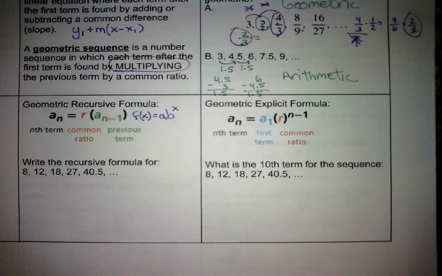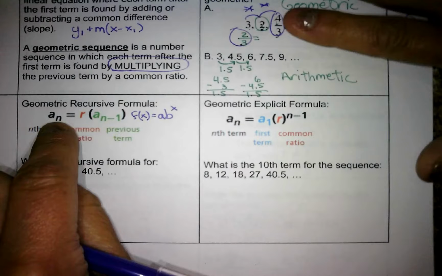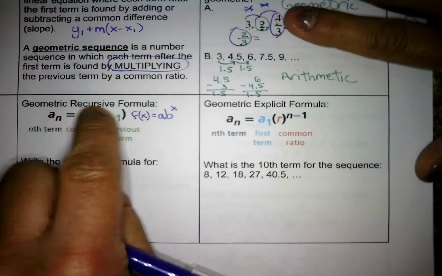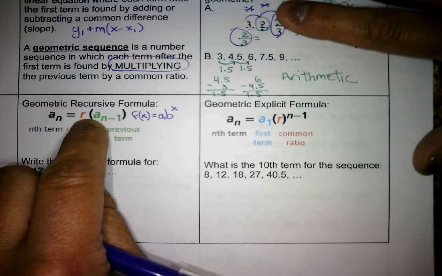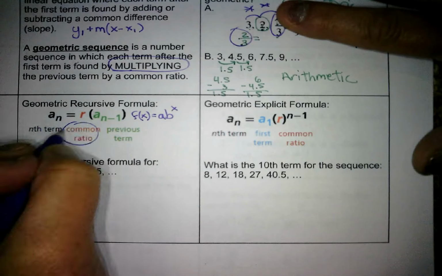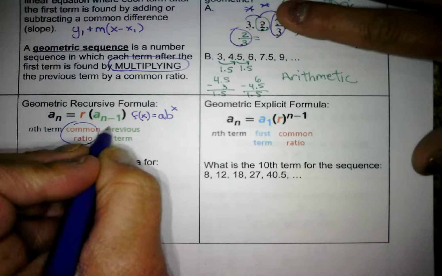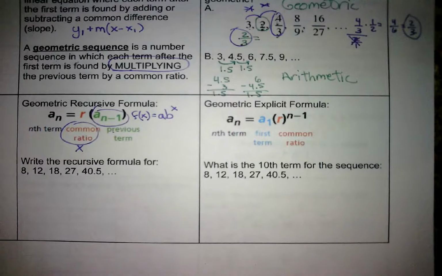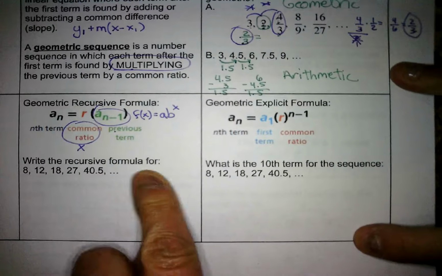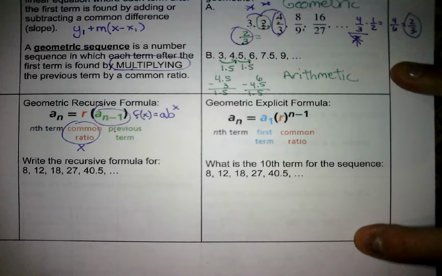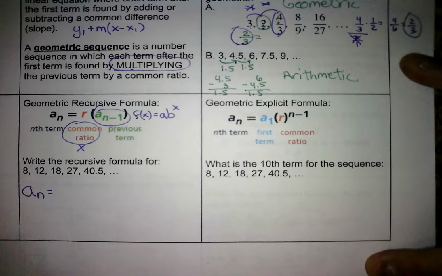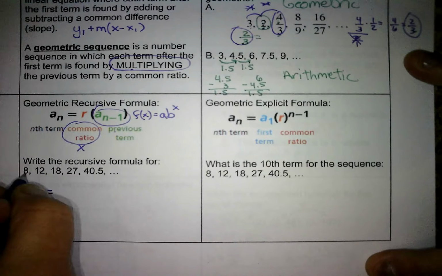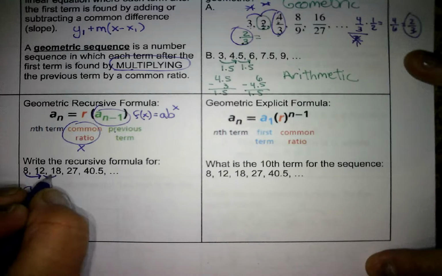The geometric recursive formula is just a sub n equals r, so that's our common ratio, what we're multiplying by, times a sub n minus 1. So here, let's rewrite the recursive formula for this sequence.